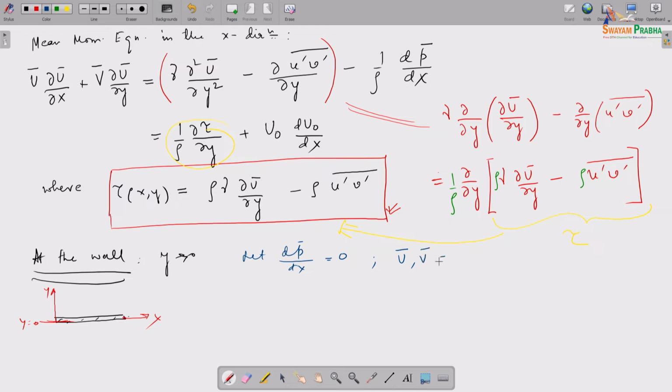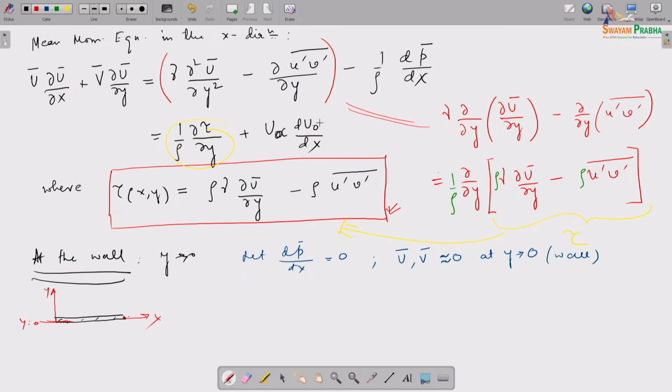These are anyway equal to 0 at the wall. So on the right hand side, the pressure gradient is also 0.